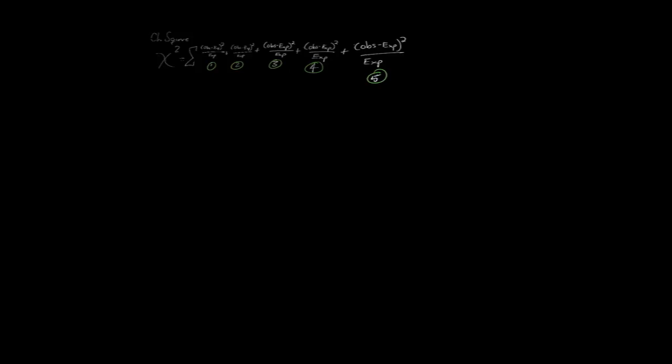And then finally, it's going to be the observed minus expected squared divided by the expected for our final sixth. All right, so that's your chi-square. If you do all that and do the math right, you get a chi-square.